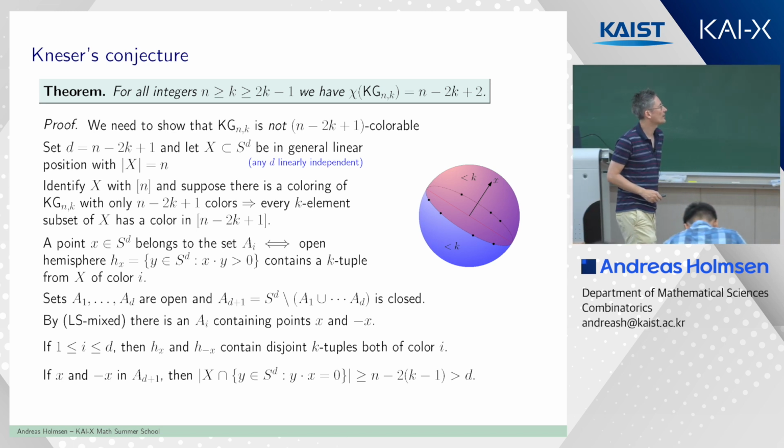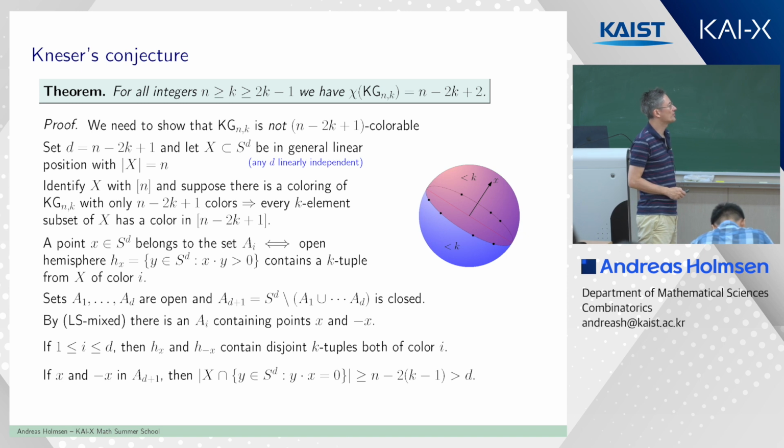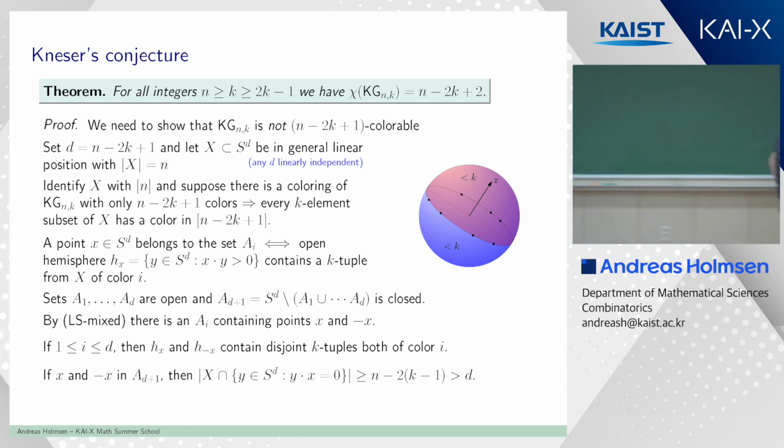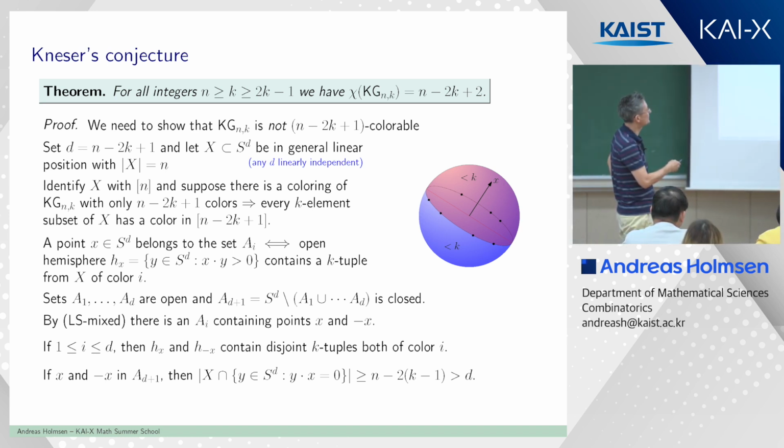OK, so how do we prove this? Now we have all the tools. Like I said, this is not originally how the proof was discovered, but this is one of the nicest proofs. We need to show that you cannot color my graph with one less color than this. That's my goal.